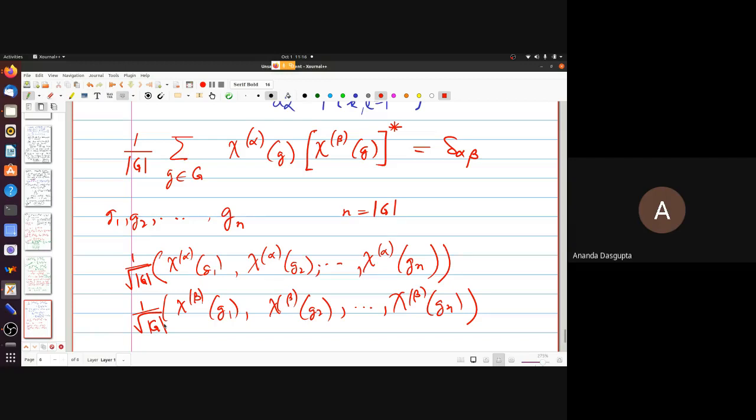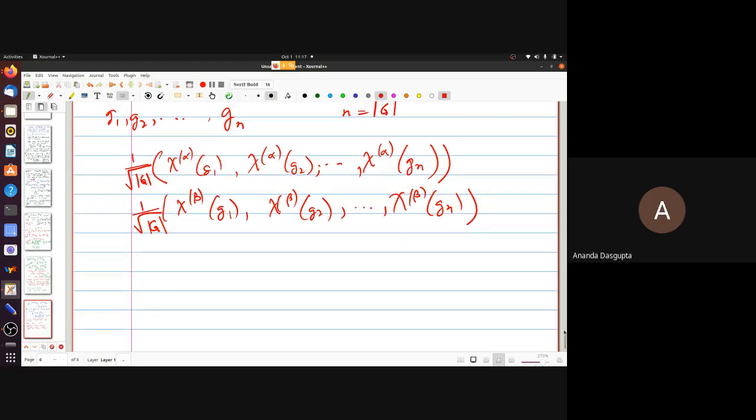Now, can anyone tell me what this tells you about? They are orthonormal, of course, fine. But what does it tell you about the number of possible irreps? By the way, the number of irreps, of course, is infinite.